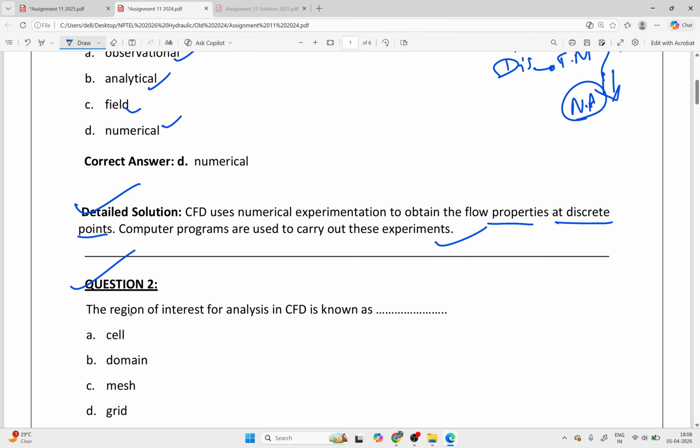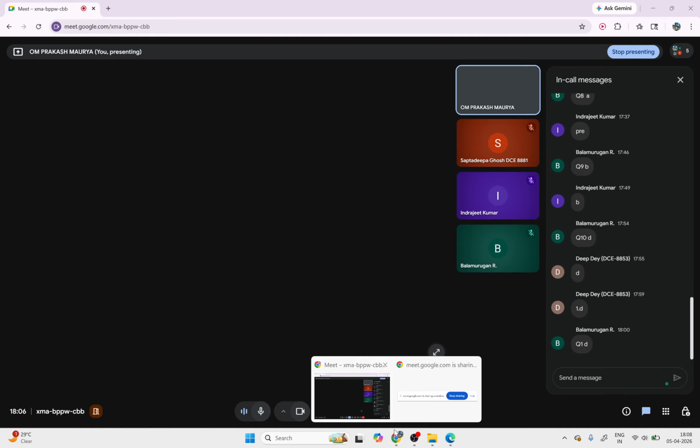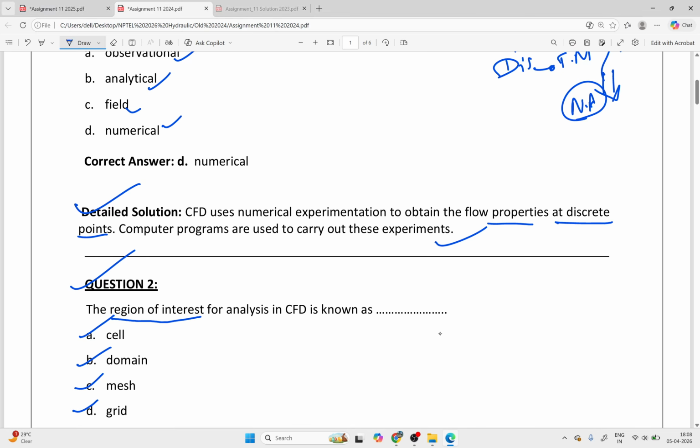The next question is: the region of interest for analysis in a study is known as the region of interest. Here we are talking about the region of interest. So don't be confused: cell, domain, mass, grid. This is a very fundamental question from pre-processing. What we have learned earlier: pre-processing, then simulation, then post-processing.